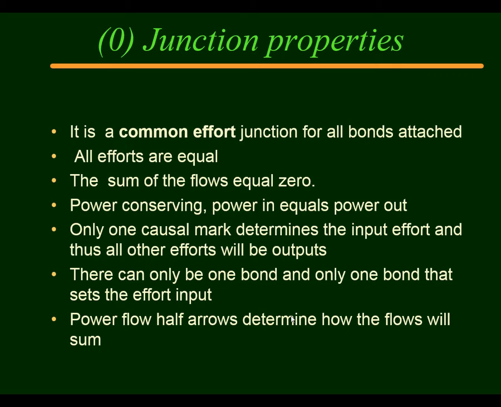It's power conserving, power in equals power out. Only one causal mark determines the input effort, and all other efforts will have to be outputs. There can only be one bond that sets the effort input. And finally, power flow half arrows determine how the flows will sum.